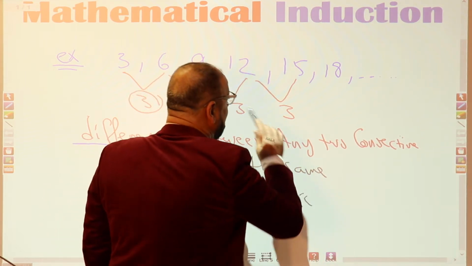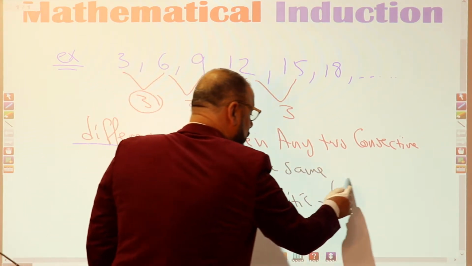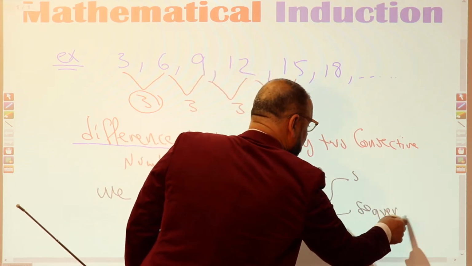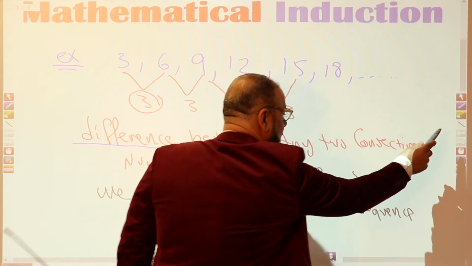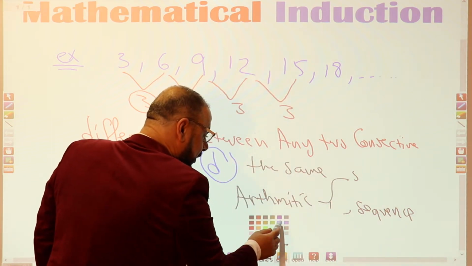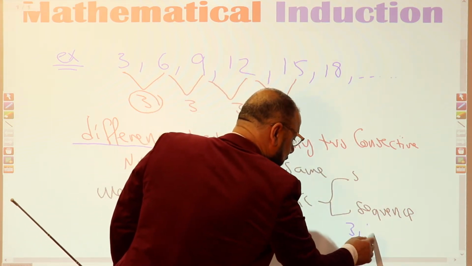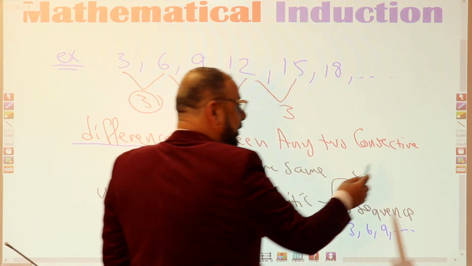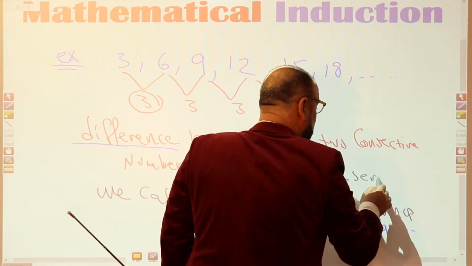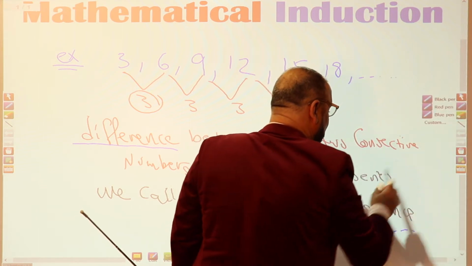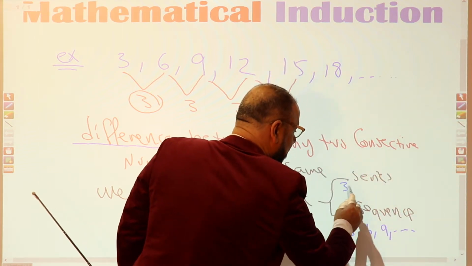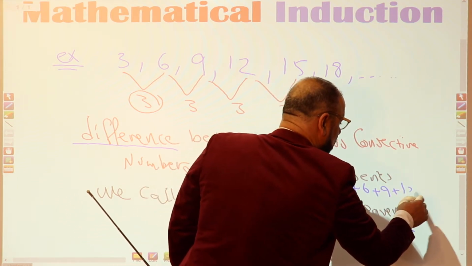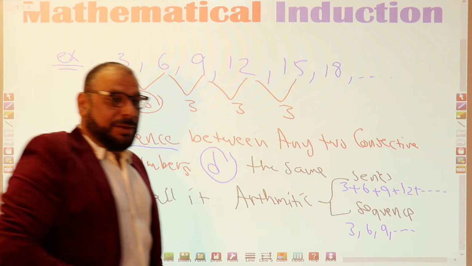Now, do I say series or sequence? Sequence is when you have commas, like 3, 6, 9. Series, which is the one we will discuss, is when we have it like this: 3 plus 6 plus 9 plus 12.